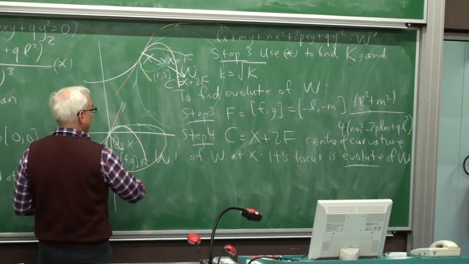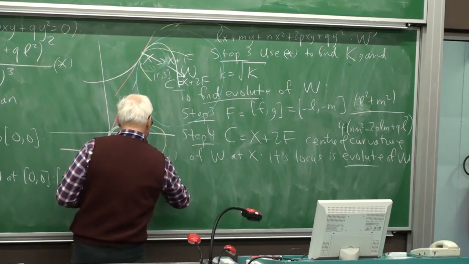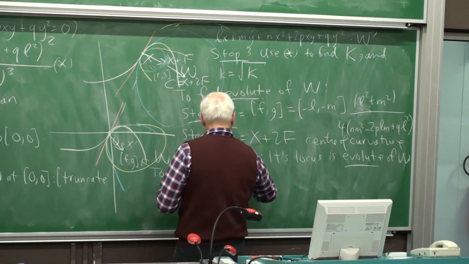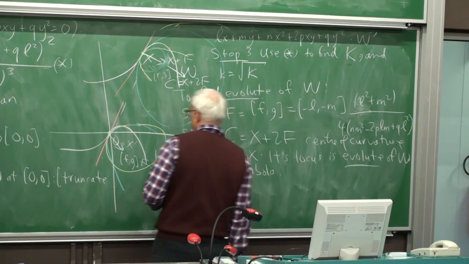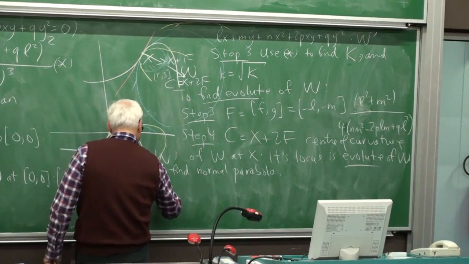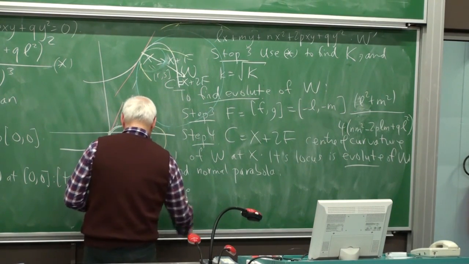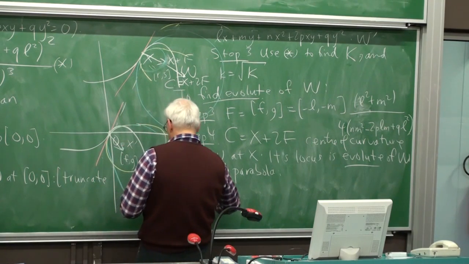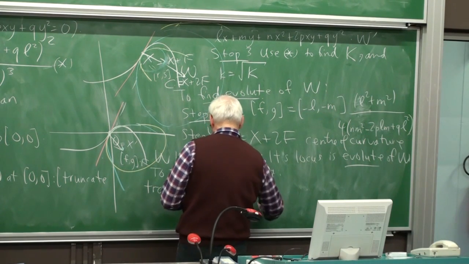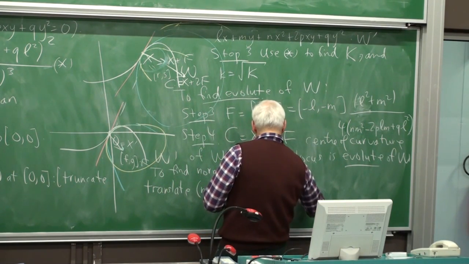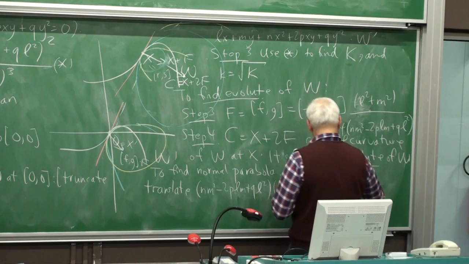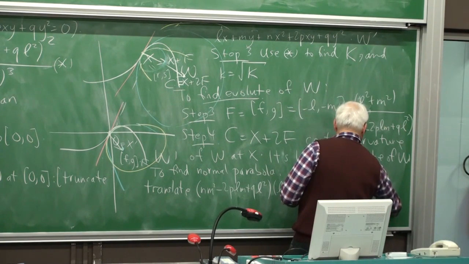And maybe I should just mention, to find the evolute, and to find the normal parabola, you'd find the normal parabola down here and then translate it up there. I'll write down again what the formula for that was: NM squared minus 2PLM plus QL squared times (Lx minus My) all squared plus (L squared plus M squared) squared times (Lx plus My) equals 0.